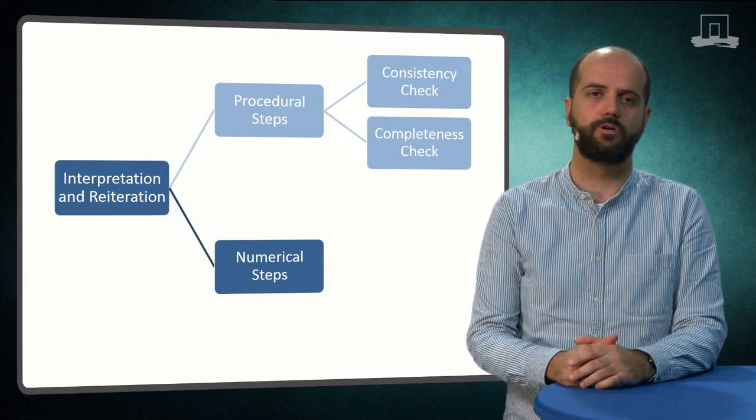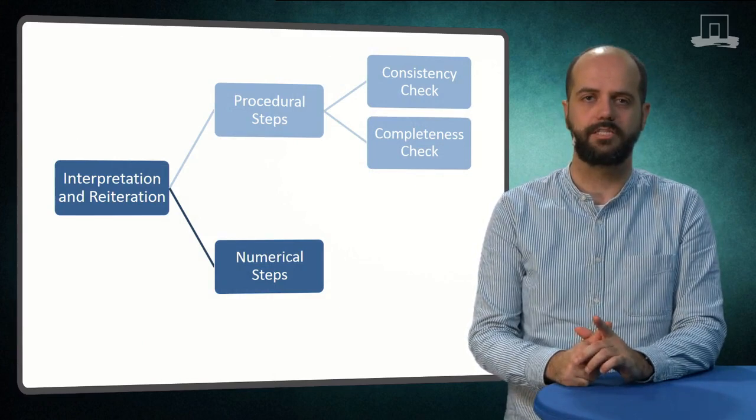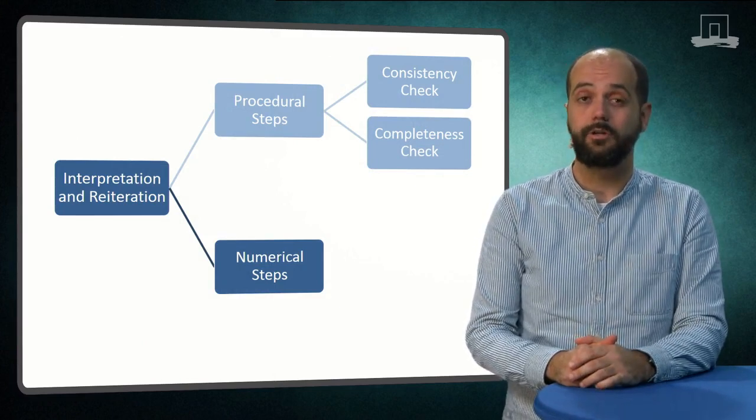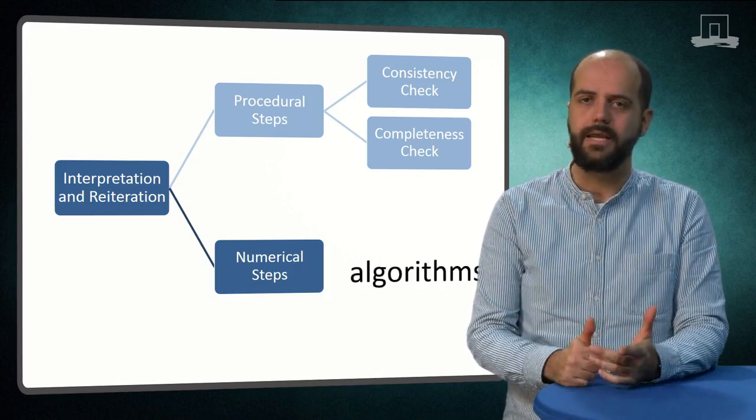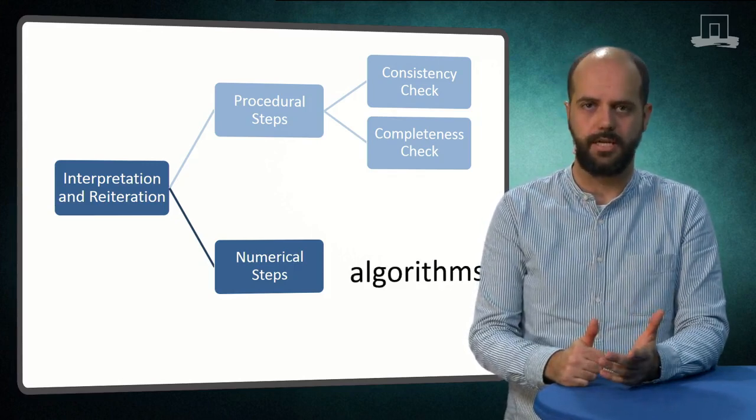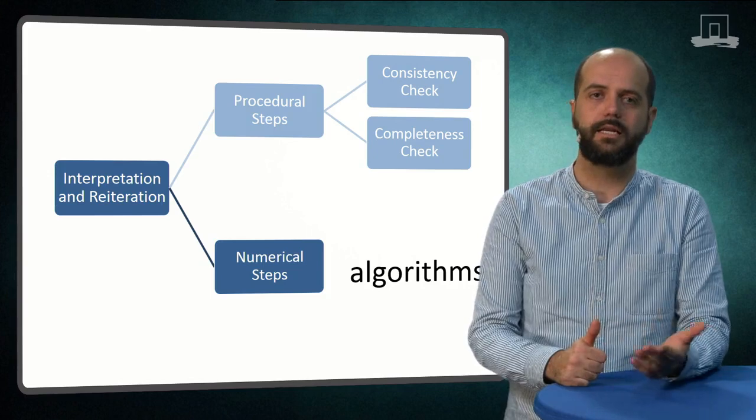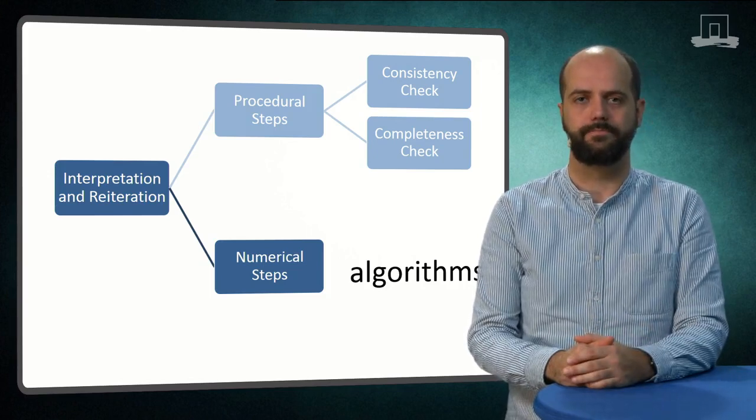There's a range of numerical approaches you can use to evaluate your LCA. The numerical approaches are algorithms, which basically process the data included in your LCA in different ways in order to get an indication of how reliable your results are.